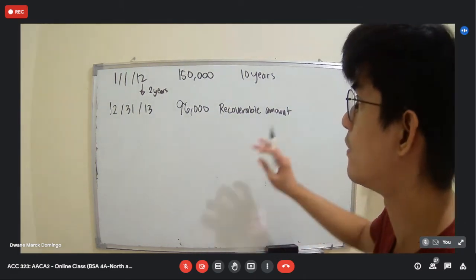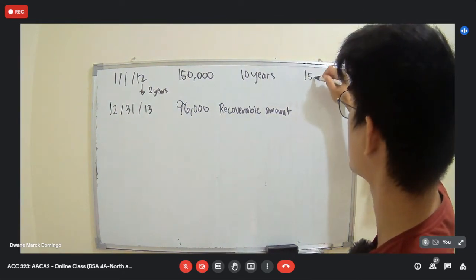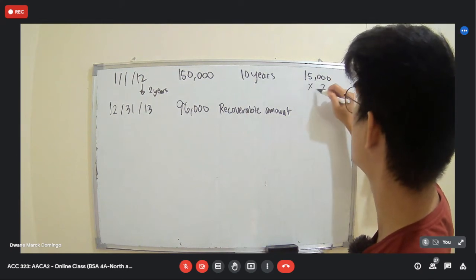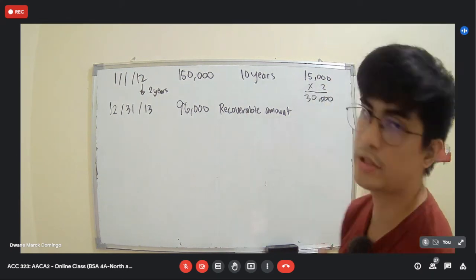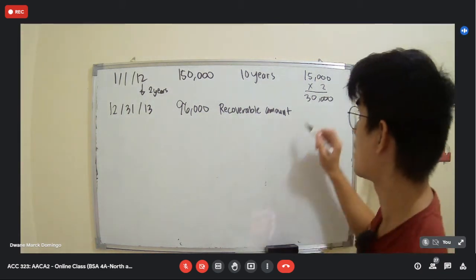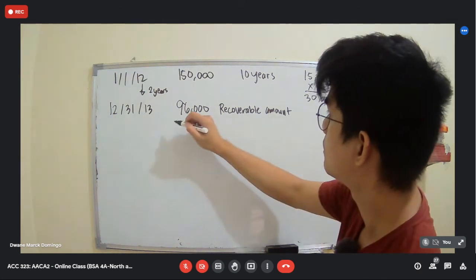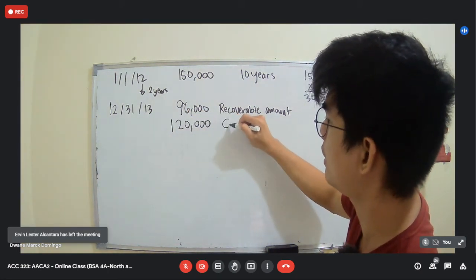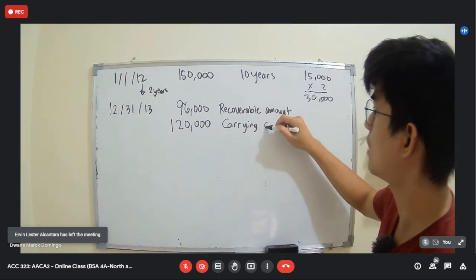So check natin. So 150,000 divided by 10 is 15,000. So merong 2 years, so times 2. So meron tayong depreciation na 30,000. So ang cost natin dito is 120,000 or carrying amount on 12/31/2013.